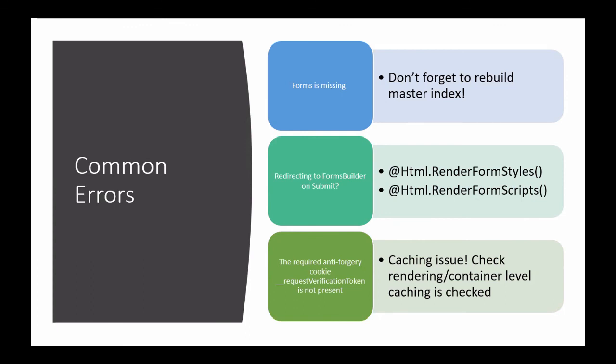If you don't see it, don't panic. You just need to rebuild your master index. This needs to be done only the first time, and then once you see the forms, it's always there. You don't need to do this every single time. Even today when I was creating, you never saw me rebuilding my master index. It just happens the very first time.